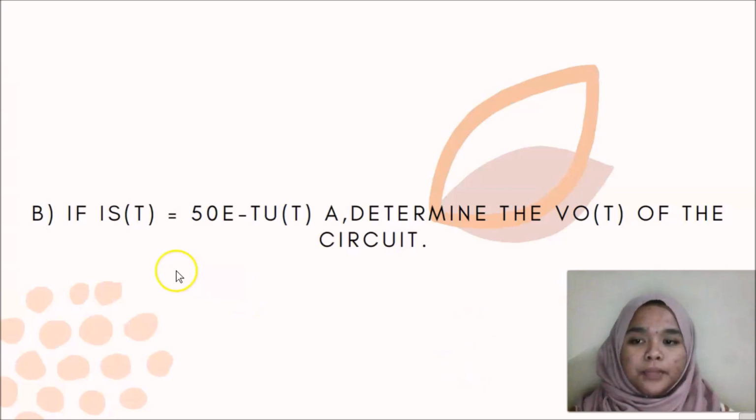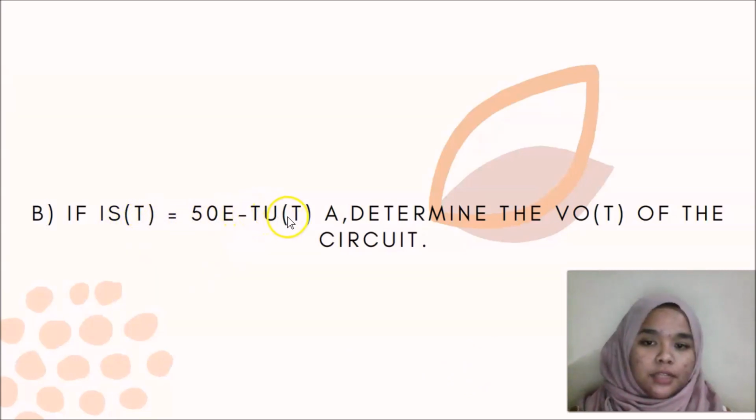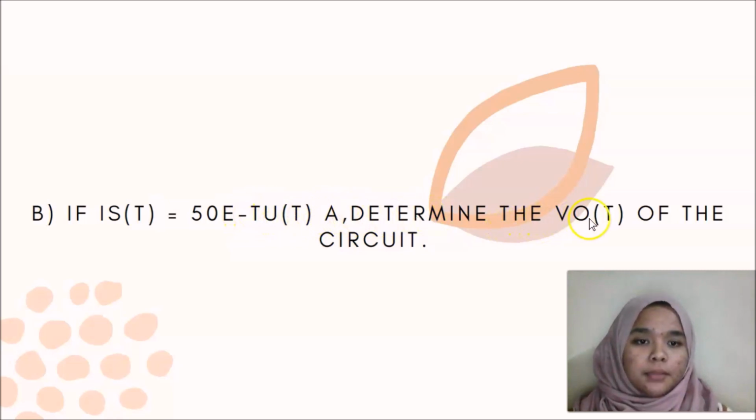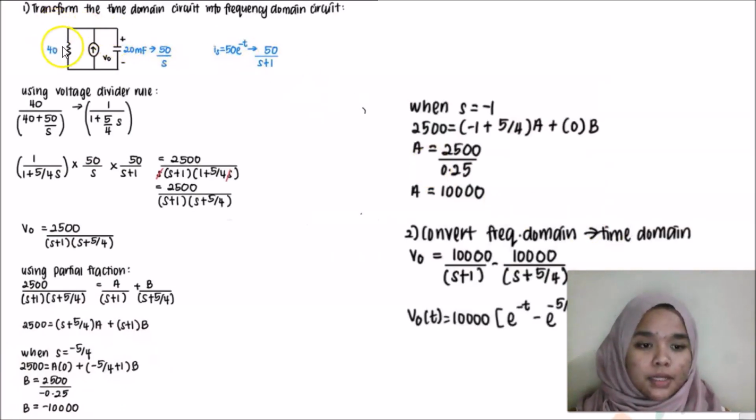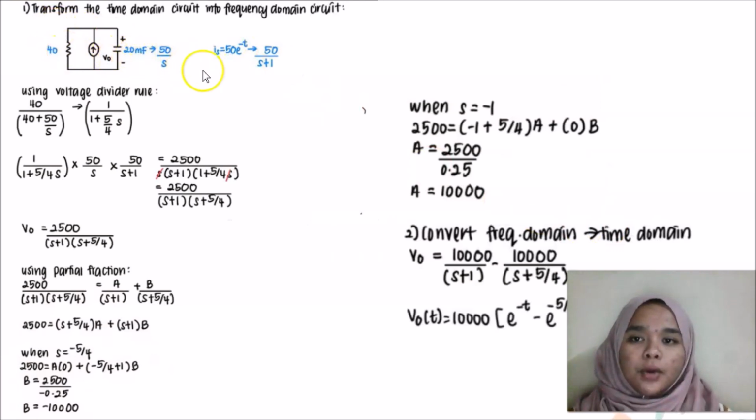For Q2B, if is(t) equals 50 e to the power of negative t u(t) amperes, determine the voltage output of the circuit. It uses the same circuit we did earlier. However, the change is the current source. The current source has changed into 50 over S plus 1.